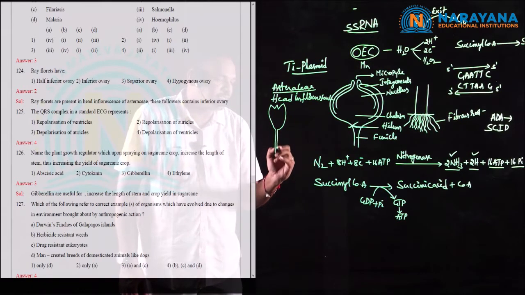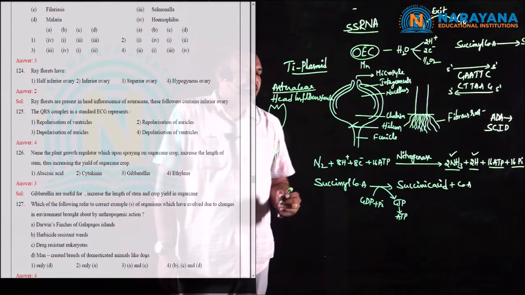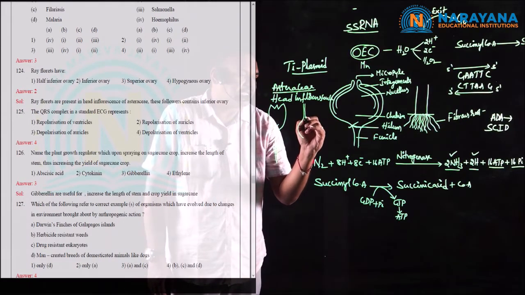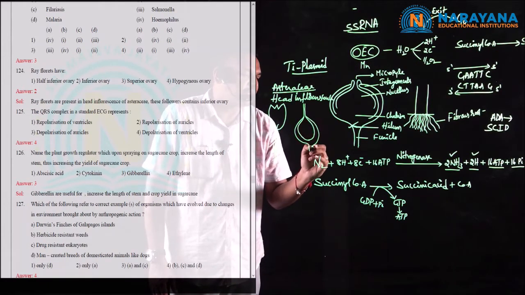In a head inflorescence, the ray florets are unisexual female. We can observe this in marigold. In these ray florets, the ovary is completely embedded within the thalamus. That means an inferior ovary is present.